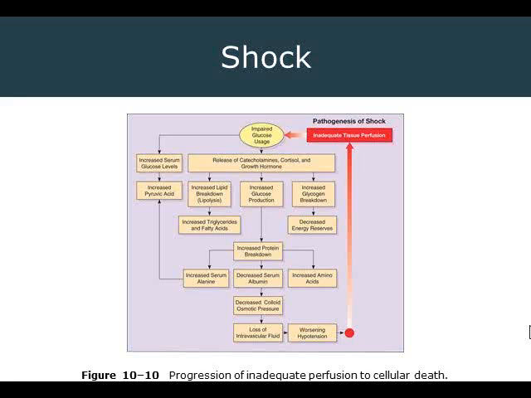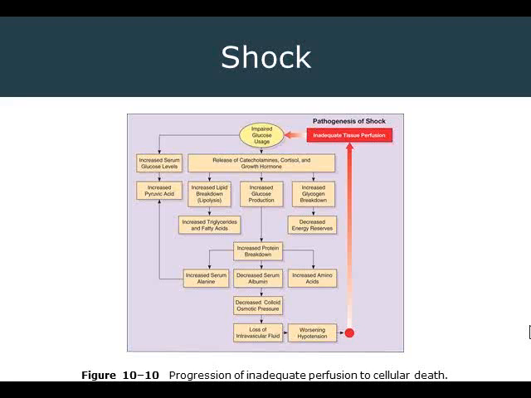And then the increased glucose production comes from increases in breakdowns of proteins, which will increase the serum alanine, decrease the serum albumin, and increase the amino acids that are floating around in the body. This all increases pyruvic acid. And then the decreased colloid osmotic pressure means that the fluid is going to leak from the vessels, and it's going to worsen their hypotension.